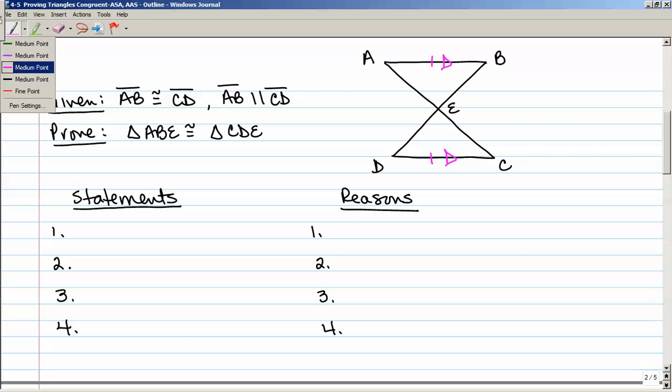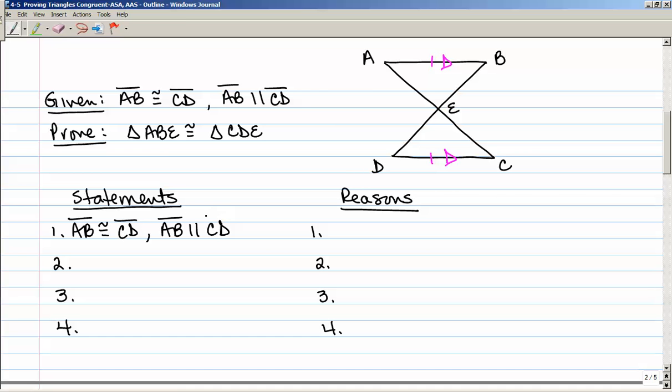So of course the first thing I'll do is list my given information. AB is congruent to CD, and AB is parallel to CD. Now whenever I see parallel lines, I think of all of those theorems that we had in the last chapter, where you have parallel lines cut by a transversal, and alternate interiors, alternate exteriors, corresponding angles are all congruent, consecutive interiors are supplementary, so I'm wondering if there's any of that going on here.